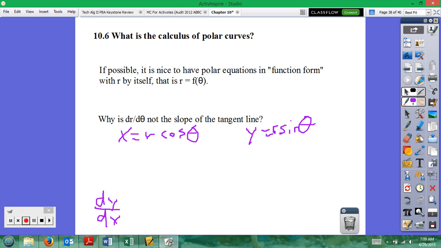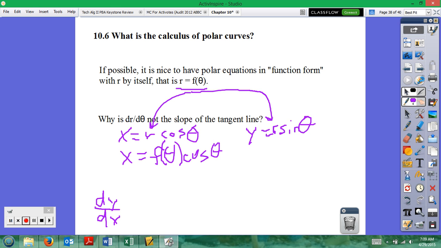But we don't want r's, we want thetas. Since r equals f of theta, I can substitute: x is equal to f of theta times cosine theta, and y is equal to f of theta times sine theta.